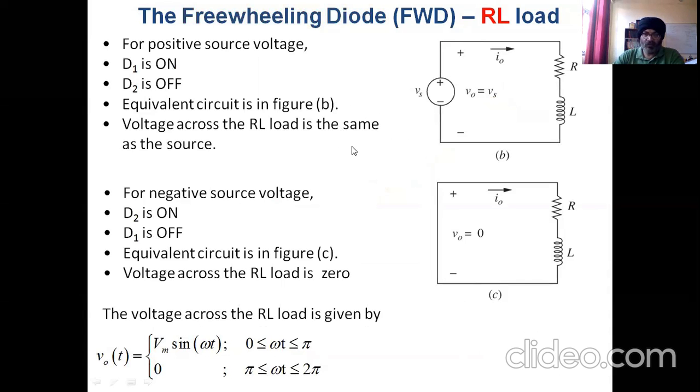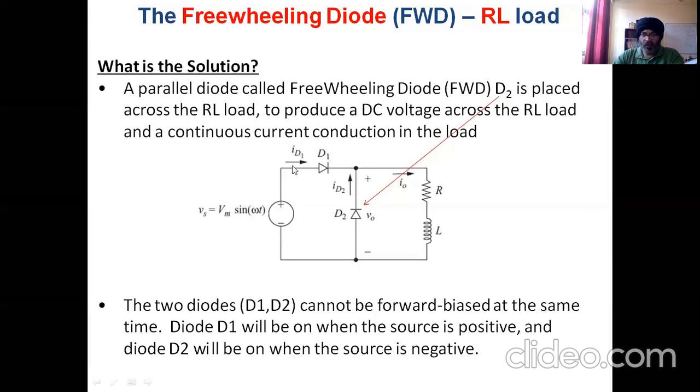Okay, so now how does the working principle work. For a positive half cycle, this is the flow of the current. So for positive half cycle, D1 is on and D2 goes off because a positive supply is connected to the cathode, so it gets reverse biased, so it is off.